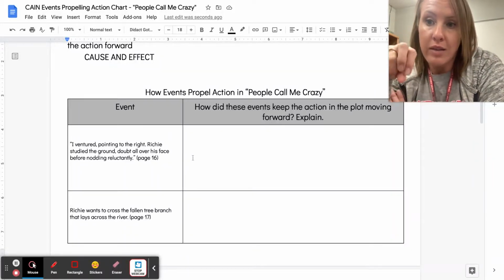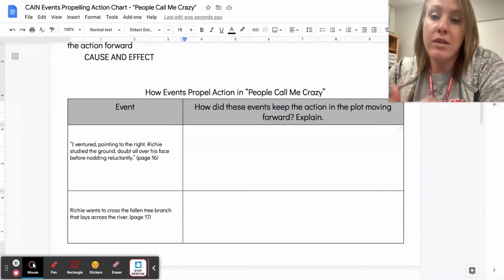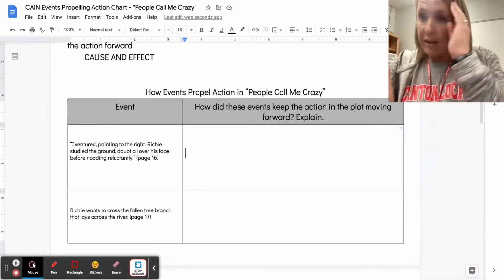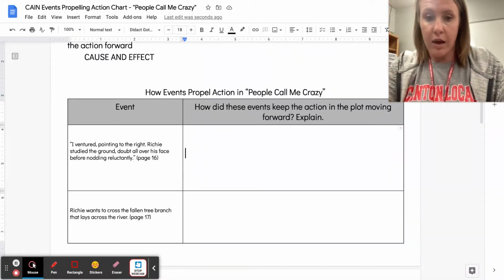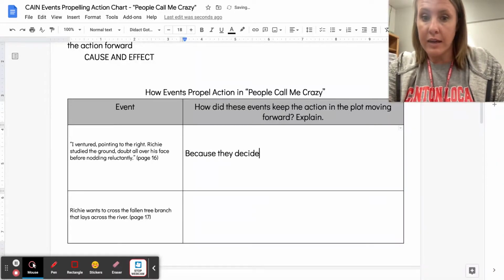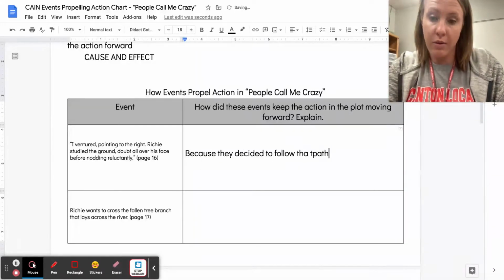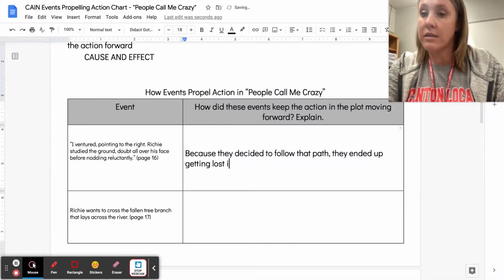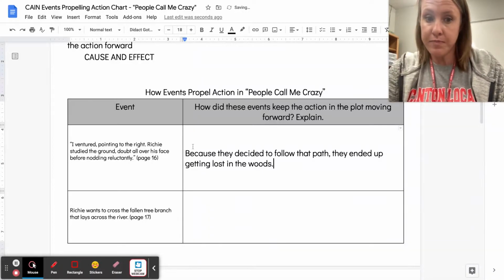This is when they were looking at the fork in the road. Because they decided to follow that path, what action occurred? They ended up getting lost in the woods, right?